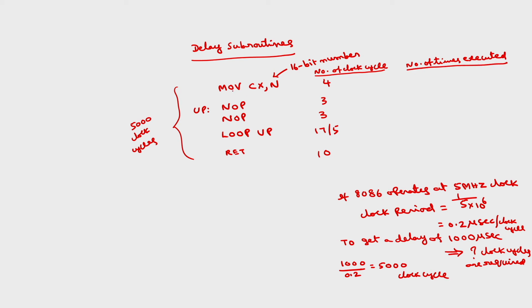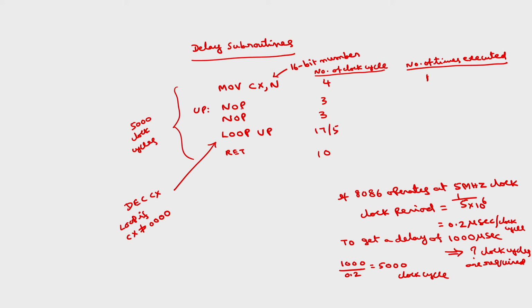Because this move instruction is not there in the loop. So, in the loop we know that this loop will decrement the CX register, and it will loop if CX is not equal to 0. Okay. So, because this is outside the loop, this will be executed only once.